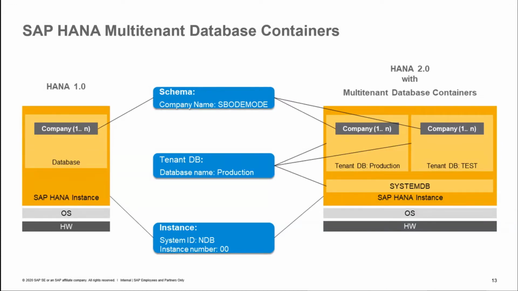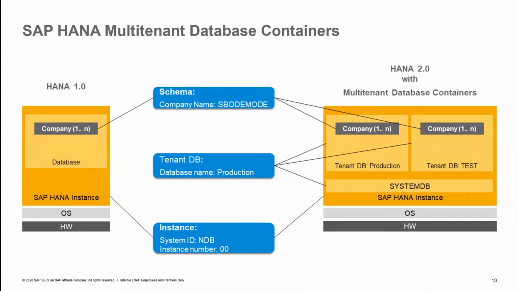We still have the same instance, but inside the SAP HANA instance we have additional tenant databases, which are containers for our database schemas. It means those are containers for our Business One company databases.